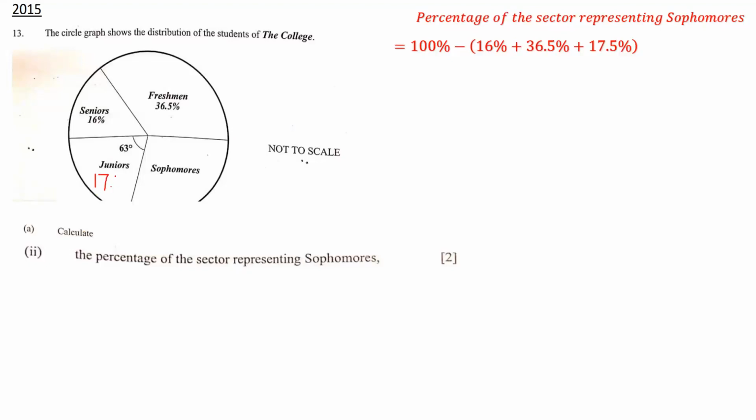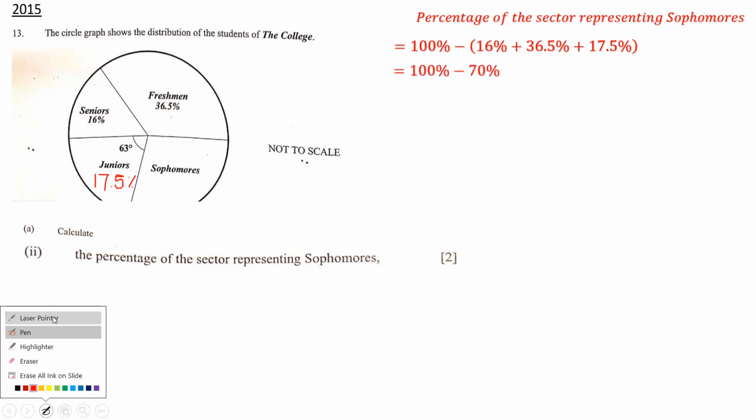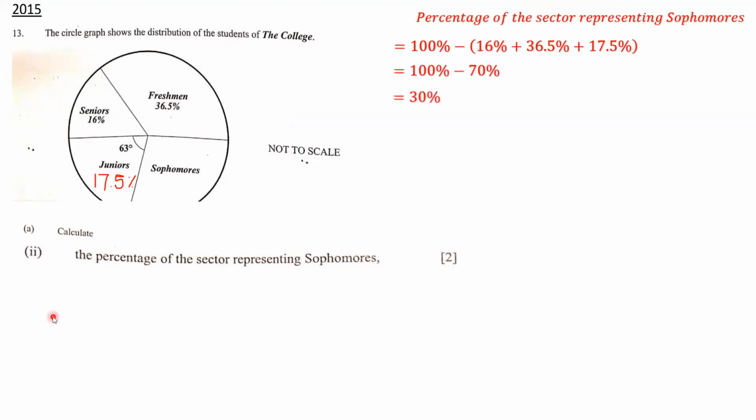And so if we add 16% plus the 36.5 plus 17.5, we're going to get 70%. So we have 100 minus 70%. And so that's going to give us 30%. So the answer here is going to be 30%. That's the percentage representing sophomores, 30%. Okay, let's move on to the next question.